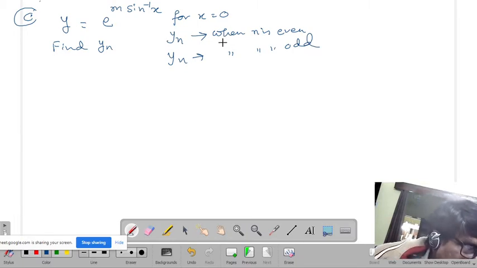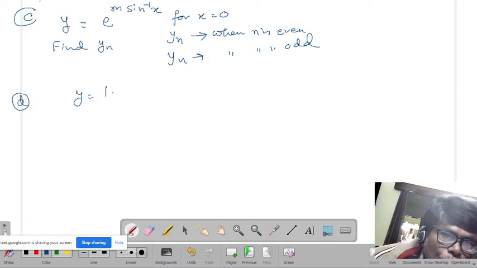Remember this. Another one is (d): y is equal to log of x plus root over 1 plus x square.